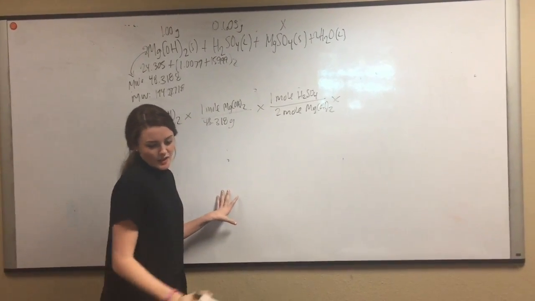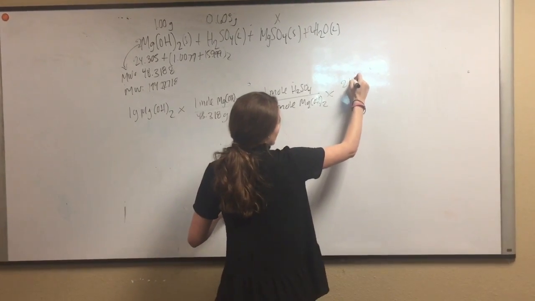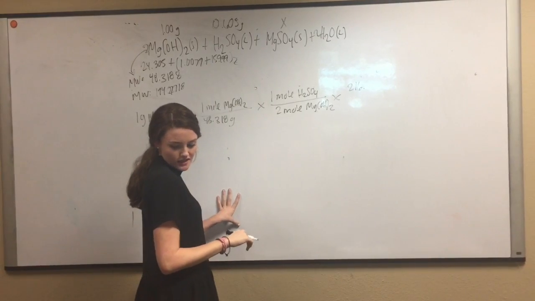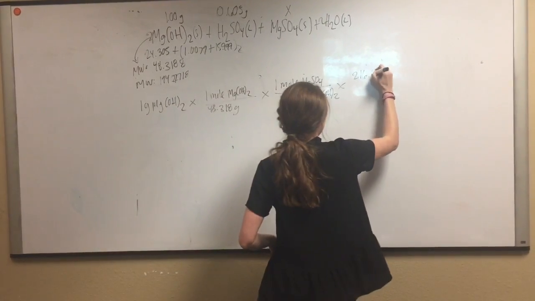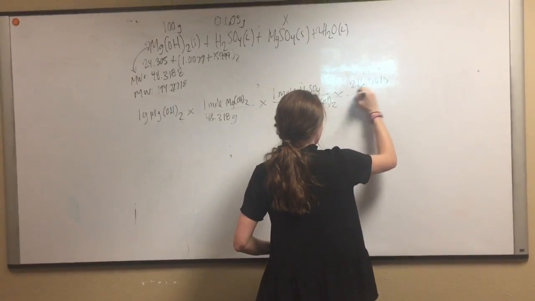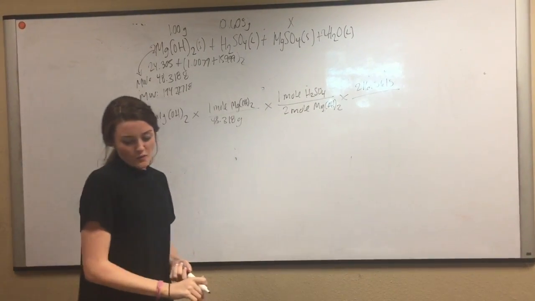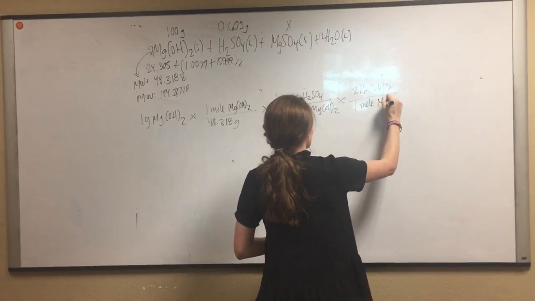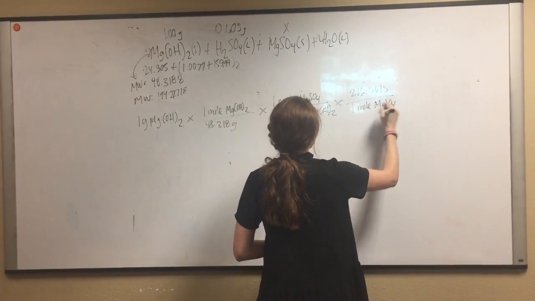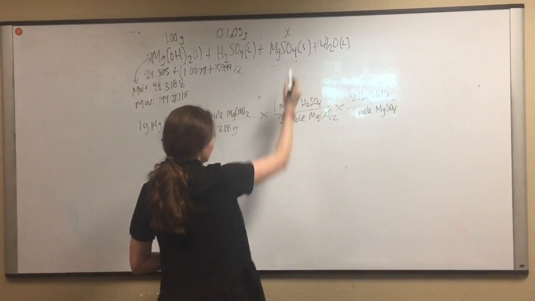Multiply that by 216.5615 over 1 mole of MgSO4, which is our outcome right there.